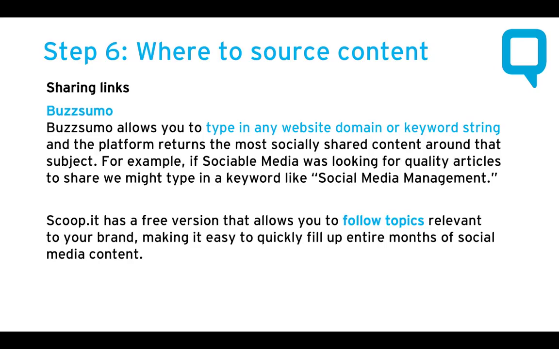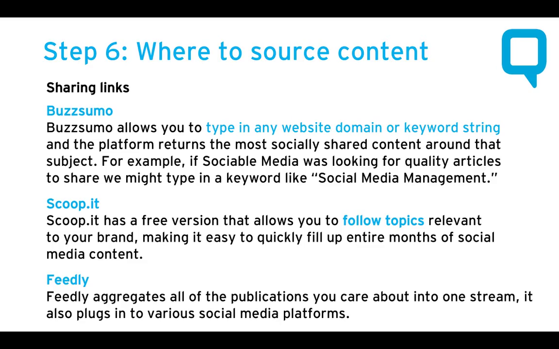If I was looking for articles related to social media management, everything would just come up there, and then I can weed out, save it for later to look at, and maybe have some ideas down the road. And Feedly is really great. It aggregates all the information, all the publications. So these 3 are pretty much my top 3 for how to source content.